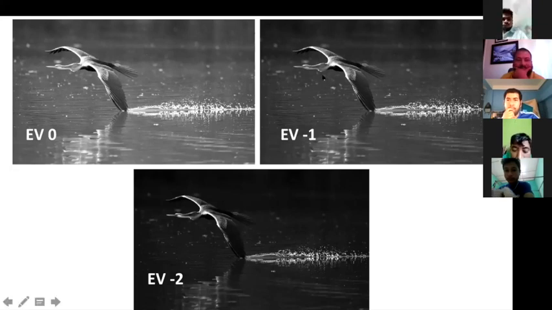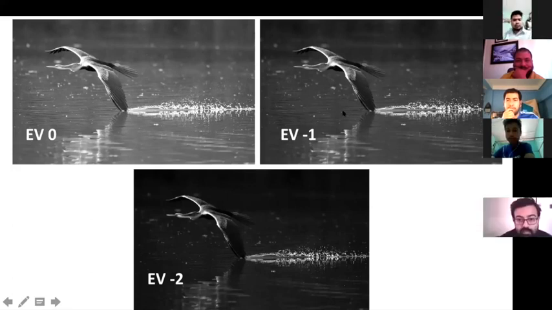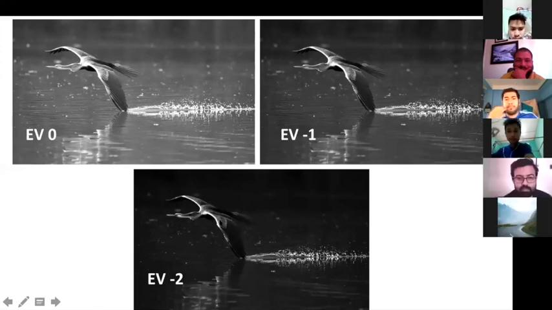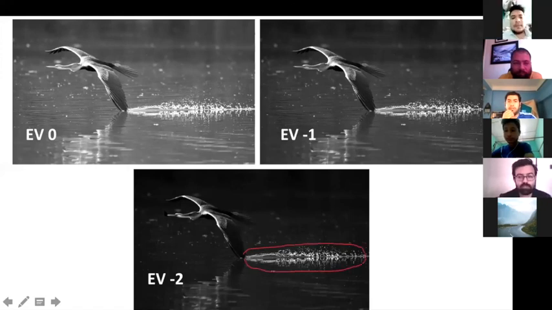Now, if I do EV -1, it corrects the image a bit, with some darkening of the background. But if I really want to bring out the bird, particularly the rim light on the bird, where there's a bright lining on the wings, I need my details here and on the bird.